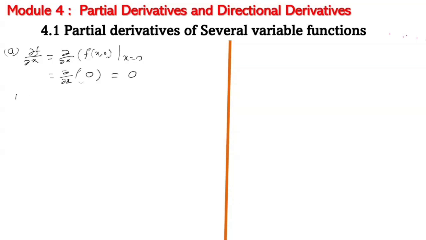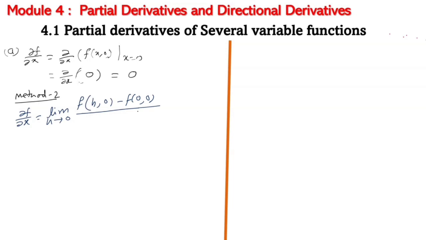So this is one method, and in method 2, we can do it like this: del f del x is equal to the limit as h tends to 0 of f(h, 0) minus f(0, 0) over h. So in this case also, the limit as h tends to 0 of 0 minus 0 over h is equal to 0.